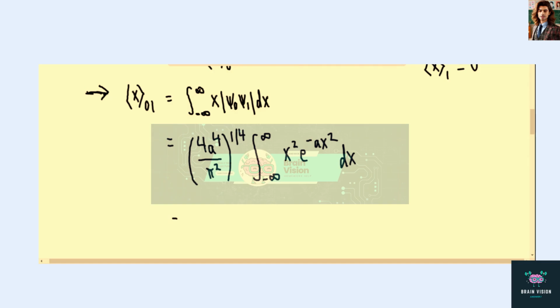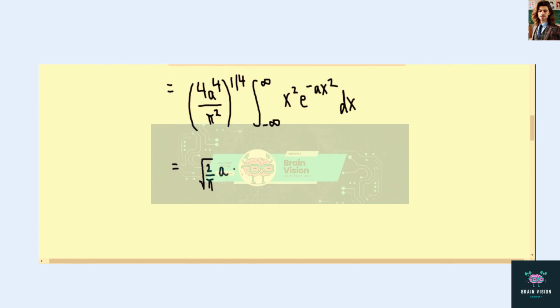Now notice we finally have an even function over a symmetric interval. And you could evaluate this using particular methods. You could research Gaussian integrals, for example, and see how they're evaluated. You can just look in a table of integrals, which is what a lot of people do. And because we don't have a lot of time, we're just going to state what this integral is equal to.